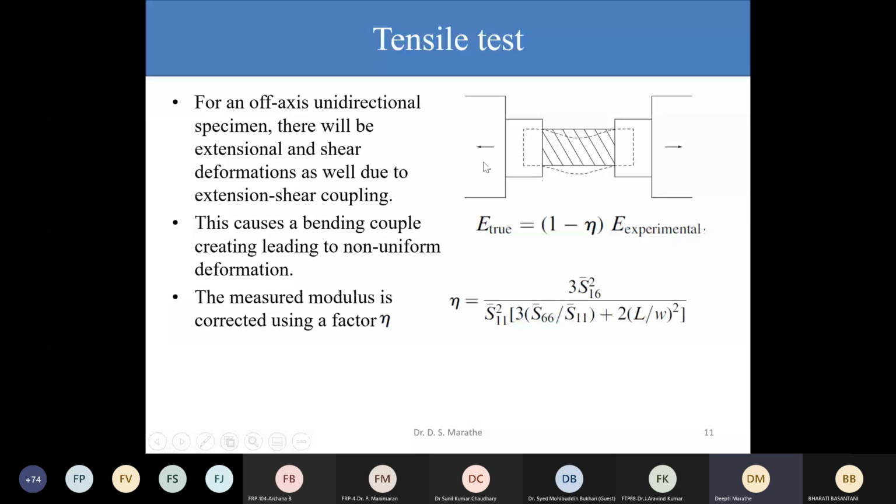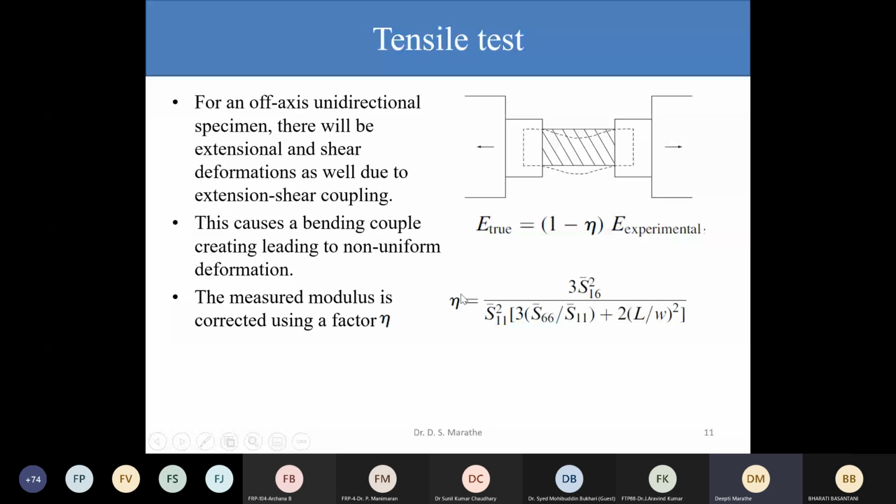So if I have to take care of this non-uniform deformation of the sample, then I have to take care of this twisting and bending which is taking place. If I need to get a true value of the modulus, then I have to take into account the S16, S26. So I find a correction factor, and this is the particular formula given for the correction factor.